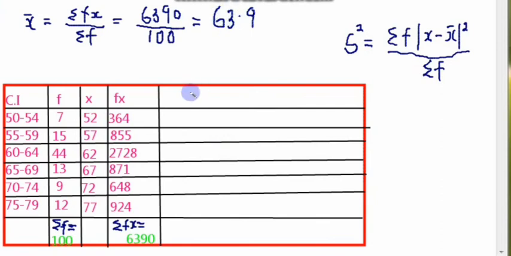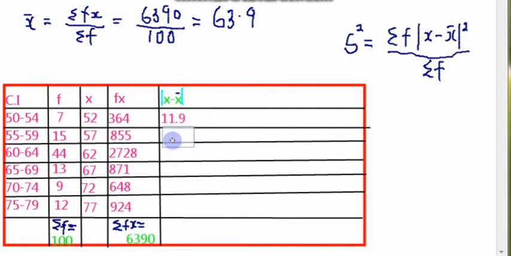The next thing is to compute S minus S bar in the table. Since we have known the mean, we use the midpoint and subtract the mean. Remember, this S minus S bar is an absolute value. So just do 52 minus 63.9. It will give us a negative value, but because of the absolute sign, everything will turn to positive. Even though what we calculated is a negative number, the absolute value will change it to positive, and it becomes 11.9.